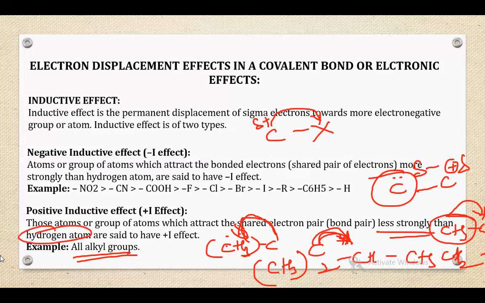So the carbon gets a partial negative charge and the substituent group gets a partial positive charge.